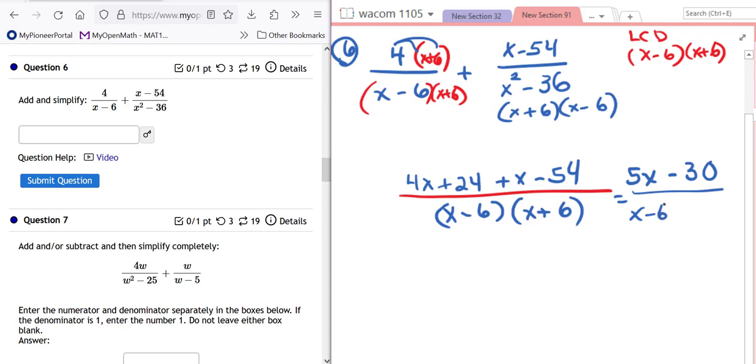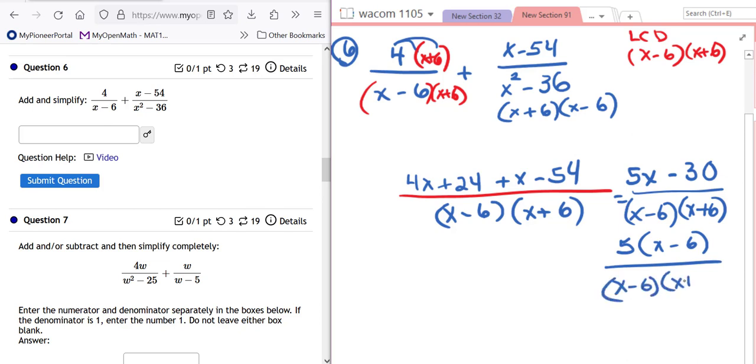Over this, and I believe this one will reduce. So we can take out a GCF there of 5, and that will leave x minus 6 over x minus 6 times x plus 6. You do have pieces that will cancel out.